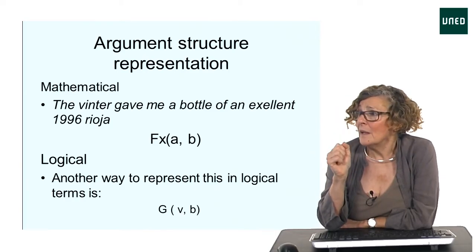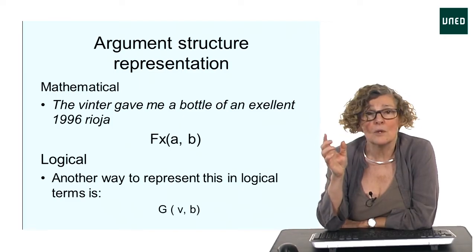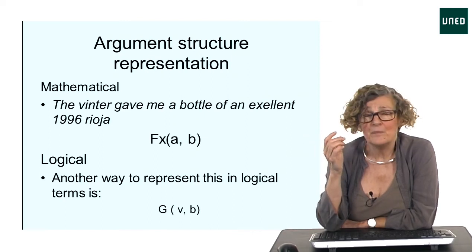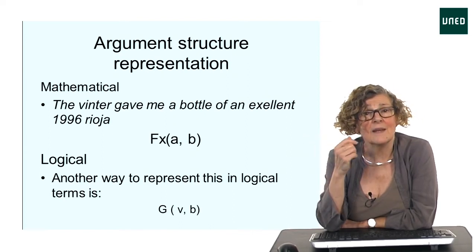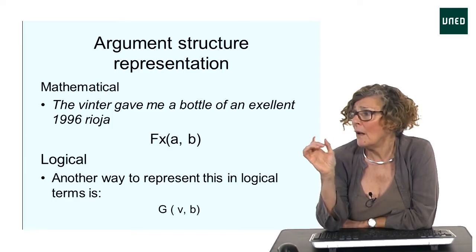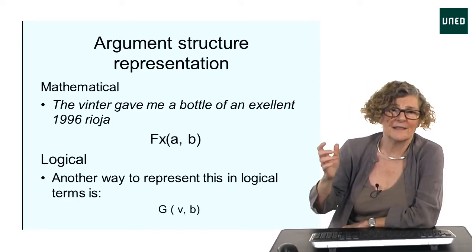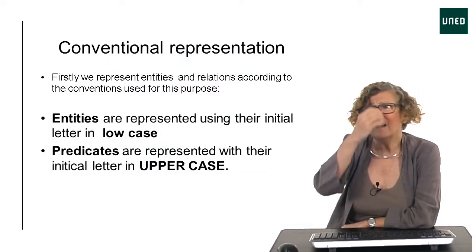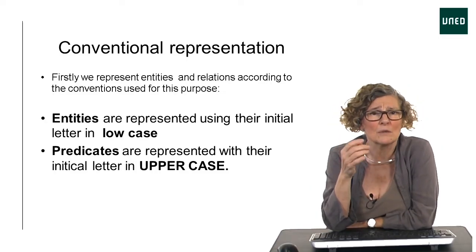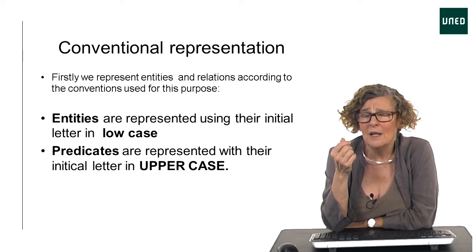And then, if instead of this we try to represent this in logical terms, we again have the predicate, that in this case is represented by a capital G, and the two components, the winemaker and the bottle of an excellent wine. Why is this so? It's just a convention or a conventional representation.